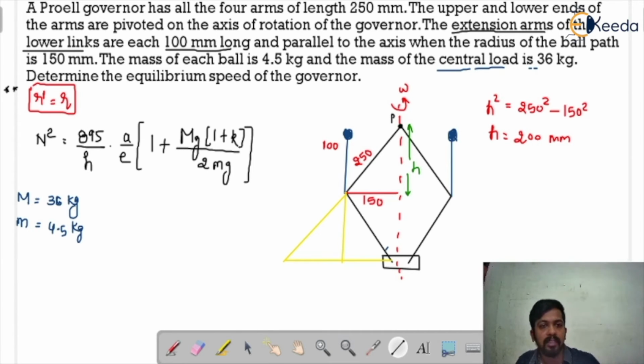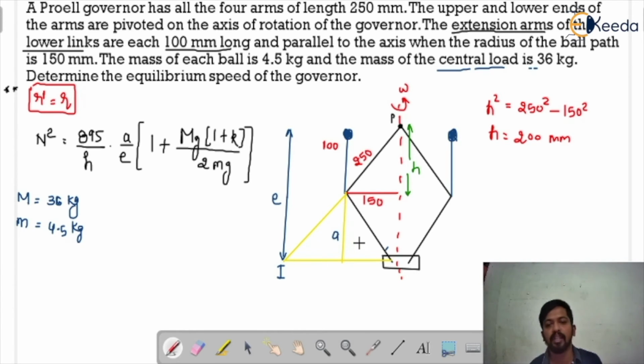We all know that this is the length E, measured from the fly ball to the instantaneous center. This is E and this is A. We have to find out the values of A and E.